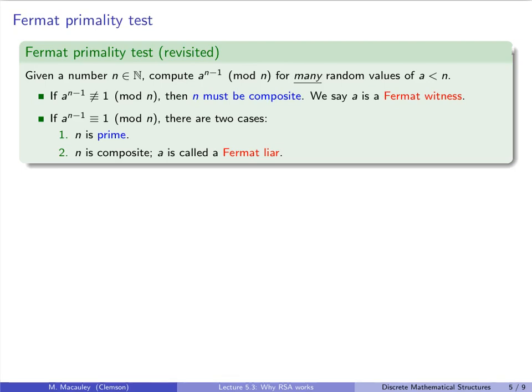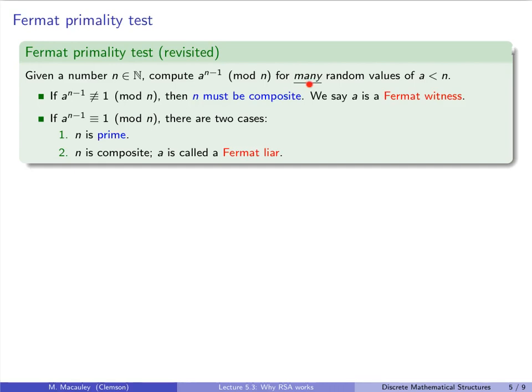Unfortunately, our a was unable to detect this. So we call it a Fermat liar. At this point, given a single value of a where a to the n minus 1 is 1 mod n, we have no way of knowing whether n is prime or whether we have a Fermat liar.